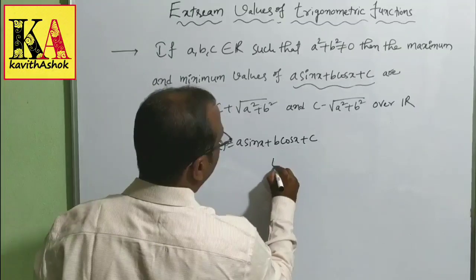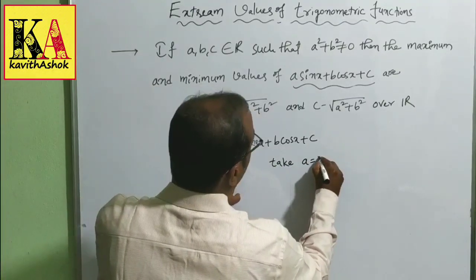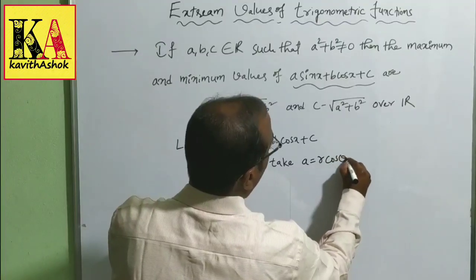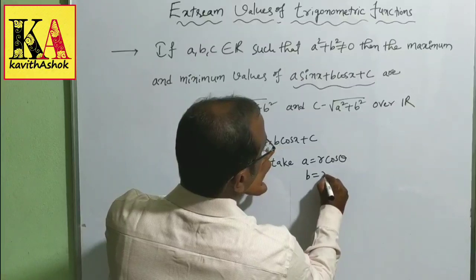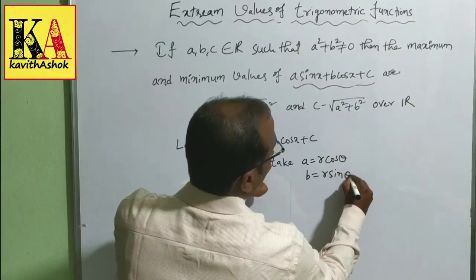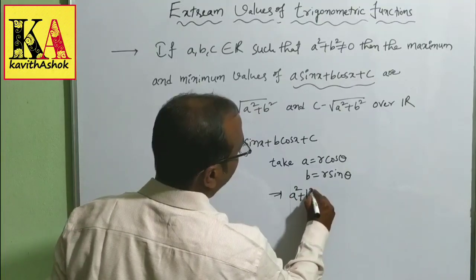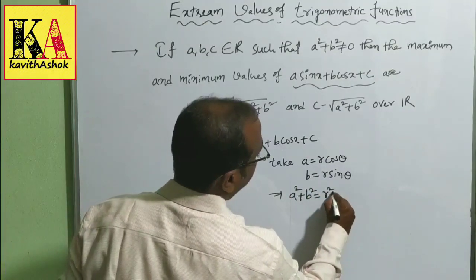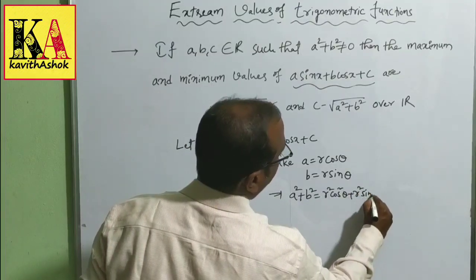Here, take a is equal to r cos theta, and b is equal to r sin theta. So then automatically, a square plus b square is equal to r square cos square theta plus r square sin square theta.